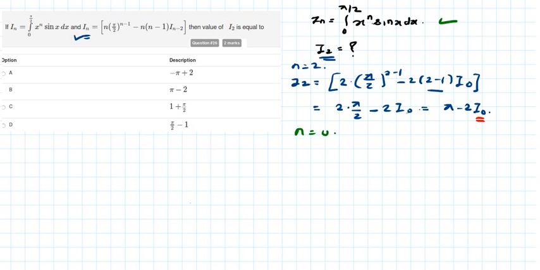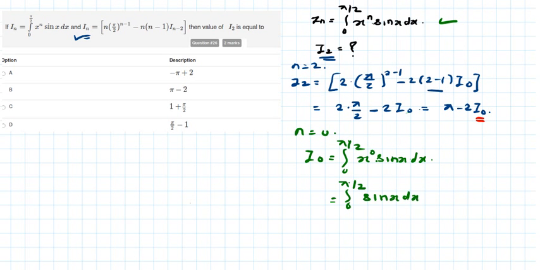So we get I0 equal to integration 0 to pi by 2 x raised to n, so that will be x raised to 0 sin x dx, which is equal to integration 0 to pi by 2, x raised to 0 is 1, so what remains? Only sin x dx. So integration of sin x is minus cos x under the limit 0 to pi by 2.